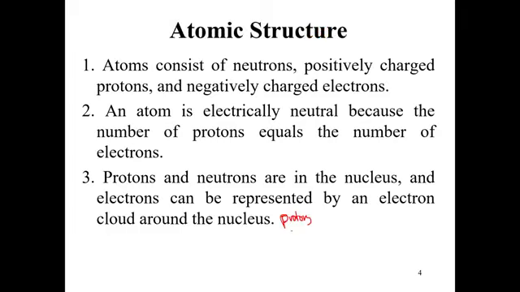Protons and neutrons are found in the nucleus. The nucleus is in the middle of the atom, while the electrons are found outside the nucleus, rapidly moving around in the electron cloud.